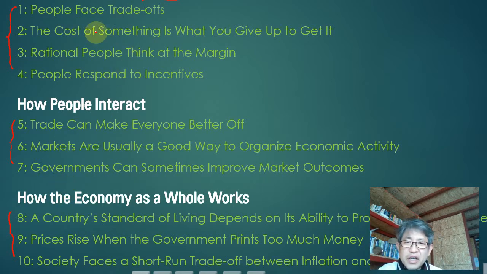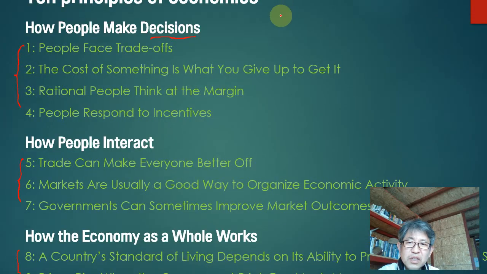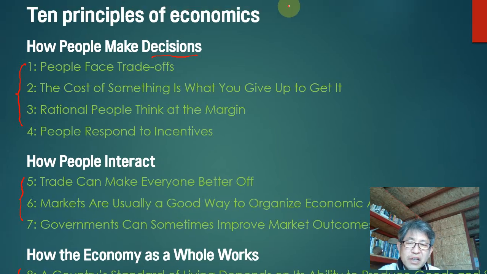As you can see, principles number one, two, three, and four are about how to decide. This is related to how people make decisions, so we will find the mechanism of people's decisions. This is very important, right? Because economy is to find whether the policy of government is functional and reasonable or not.